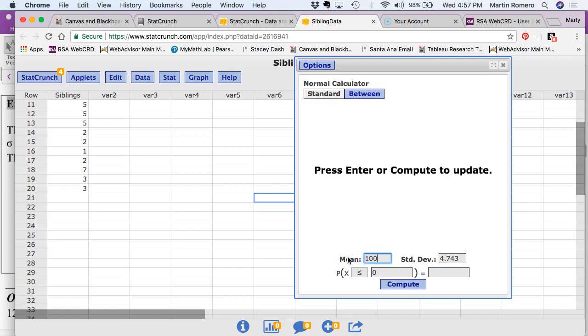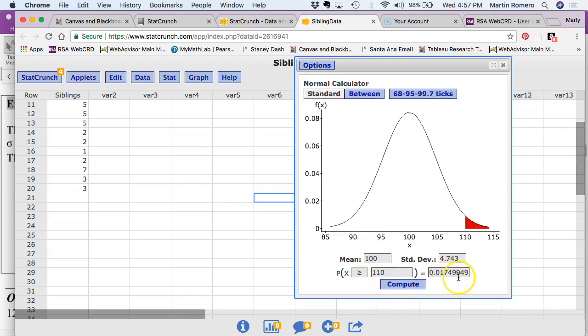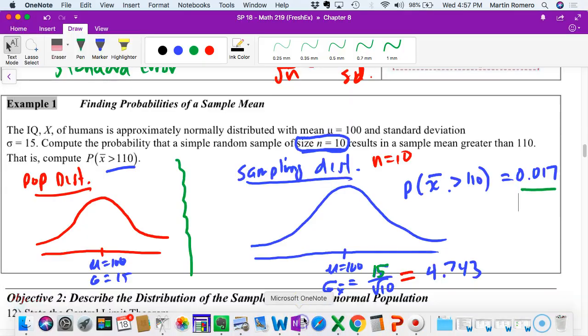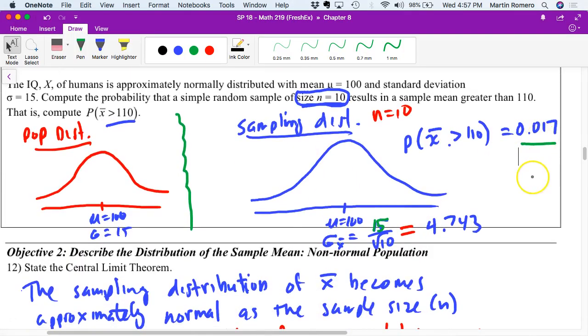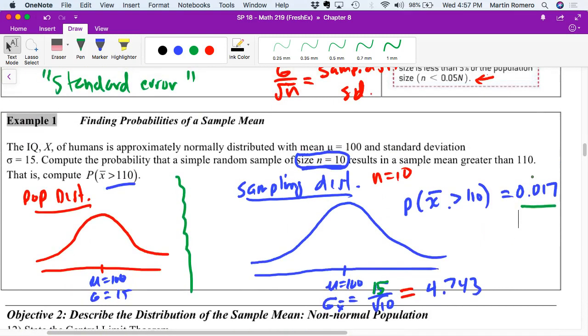The probability that it's greater than 110 is 0.017. That's where I got that value from. Mean 100, the adjusted standard deviation, and the mean value greater than 110, and that's where I get 0.017.